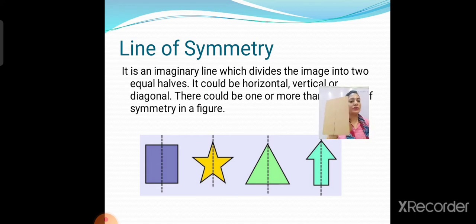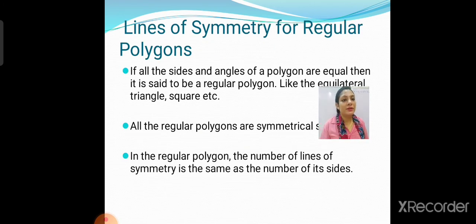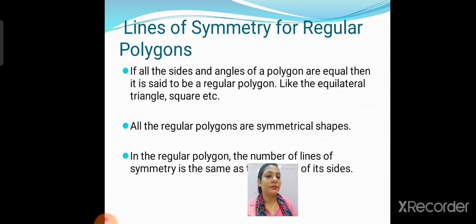So this is called line of symmetry. As you can see on the screen as well, there are so many shapes and there is a line of symmetry.